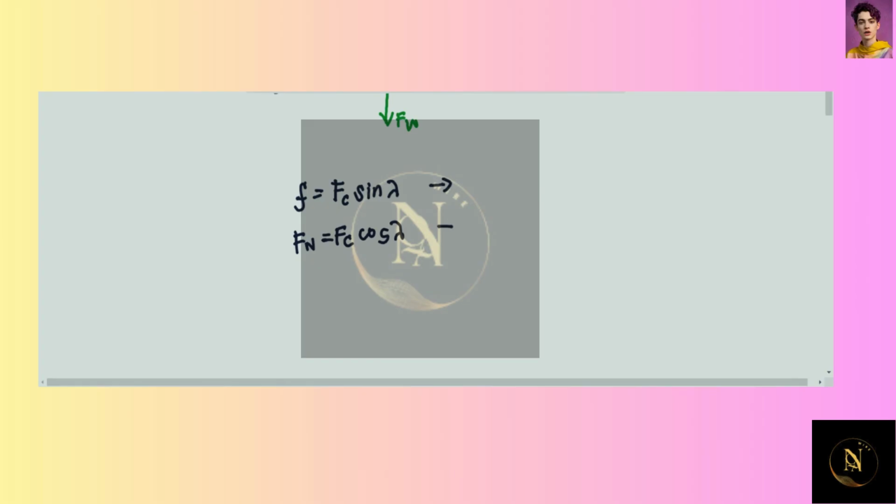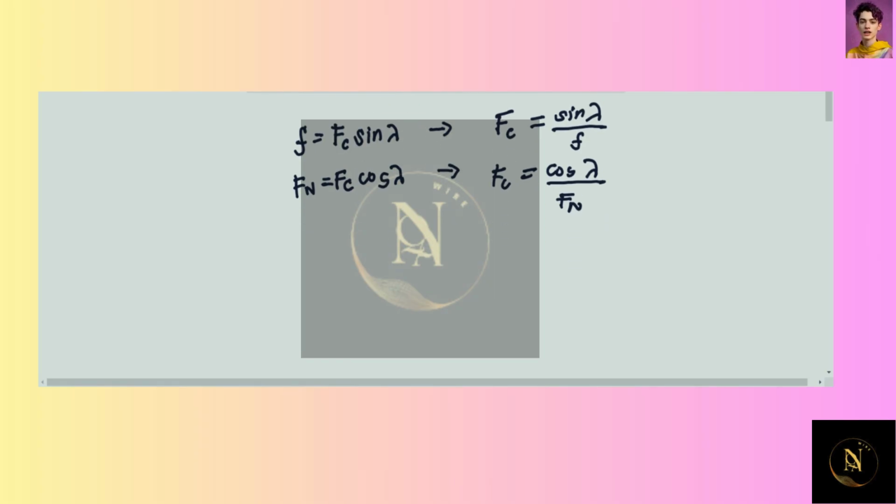Isolating the contact force to the left side of the equation, we can express these two equations as Fc is equal to friction force over sine lambda and Fc is equal to the normal force over cosine lambda. Equating these two equations to each other, we have friction force over sine lambda is equal to the normal force over cosine lambda.